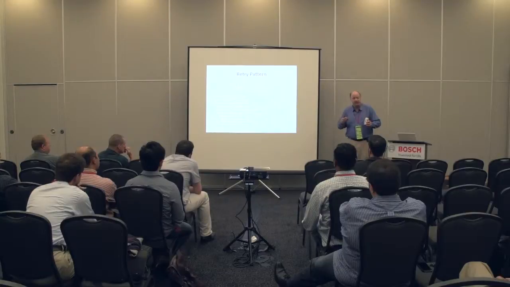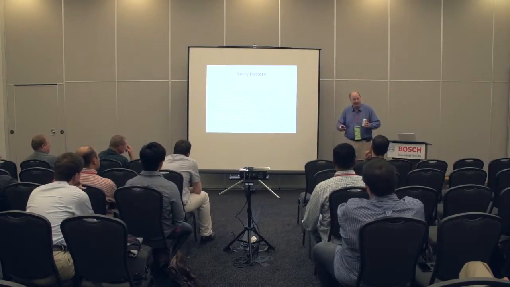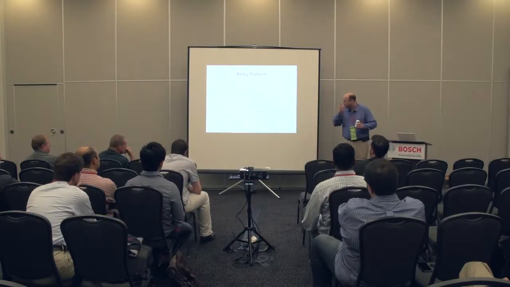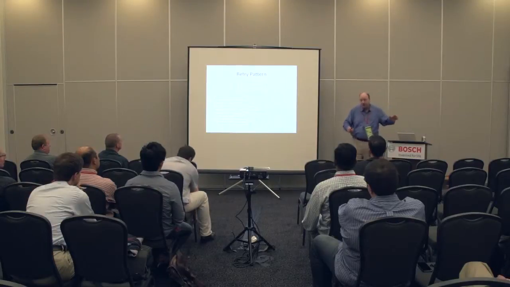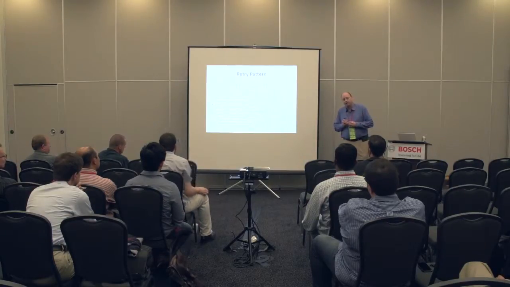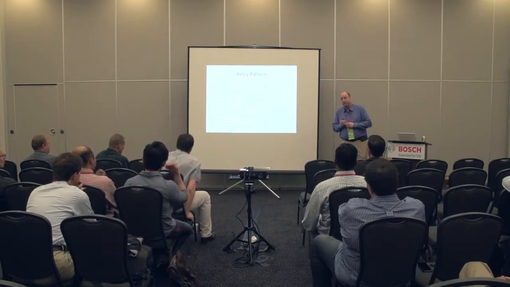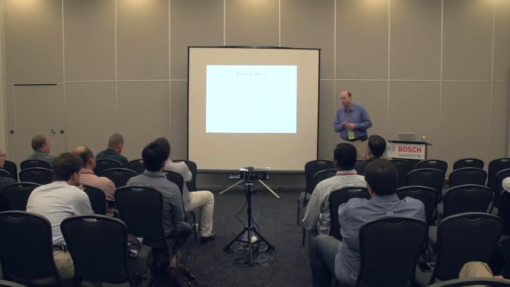That reminds me of the definition of insanity, right? Because you literally are doing the same thing, and at some point expecting a different result. This pattern's very simple. It assumes that the target service is down temporarily, and that it will come up at some point.